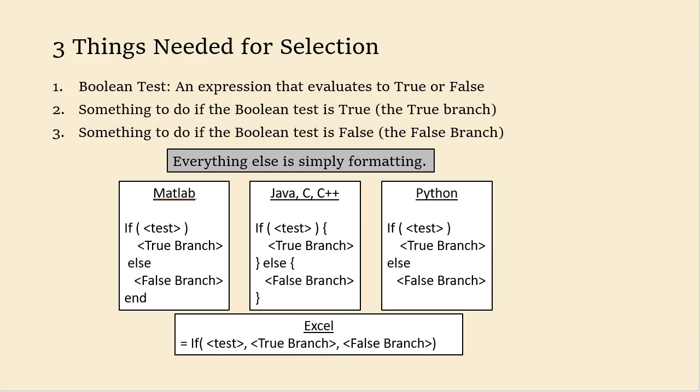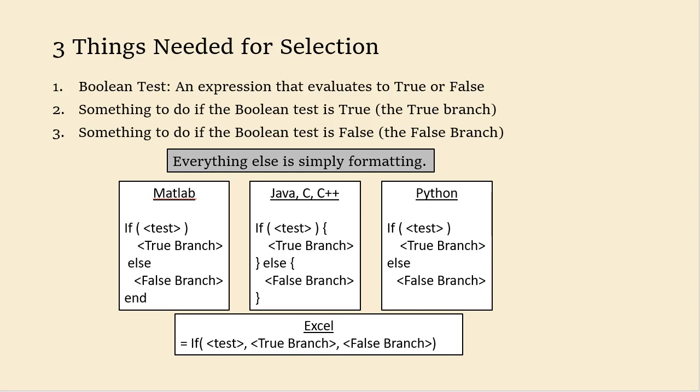If the Boolean test is true, we call that section of code the true branch, and if it's false, we call that the false branch, and that's because we tend to think in terms of logic trees where we're branching down the true and false paths. Once you understand those three things, it makes programming languages and learning new programming languages a little bit less mysterious because you know what you're looking for. You're looking for, okay, how do they do the Boolean test?